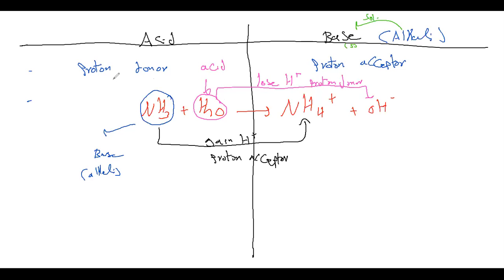So the difference between acid and base: acid is a proton donor, base a proton acceptor. So acid loses H positive, base gains H positive.